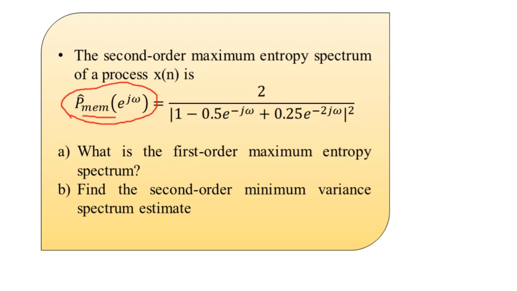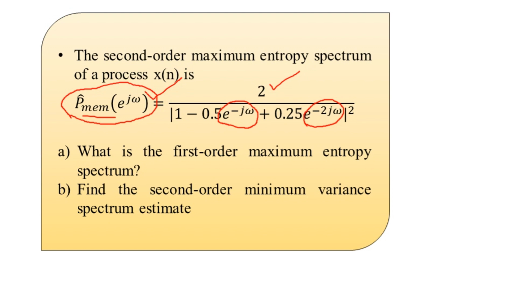The given detail is 2 divided by the mod square of 1 minus 0.5 e^{-jω} added to 0.25 times e^{-2jω}. So this is the representation we have in the Fourier or frequency domain. We can also have the frequency domain representation by the use of Z transformation.